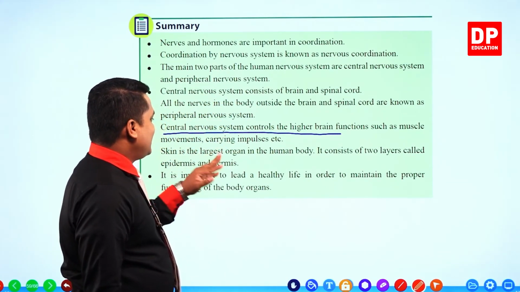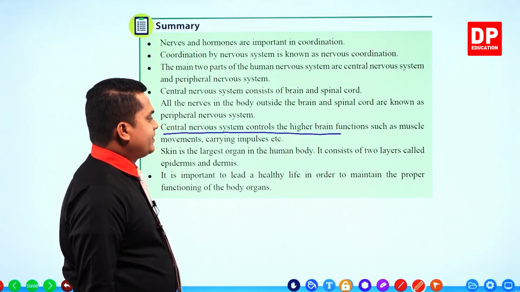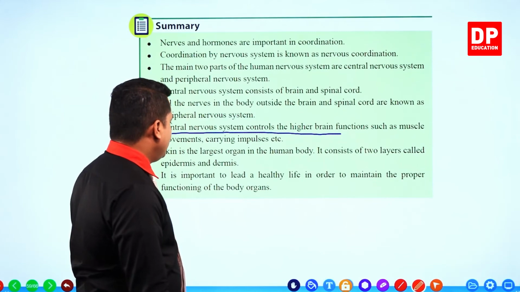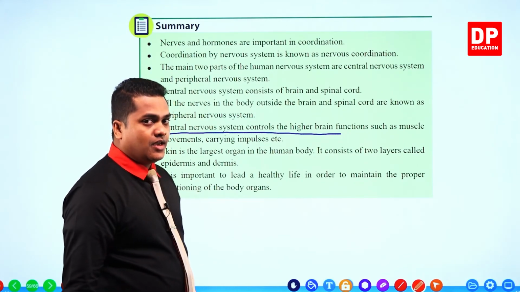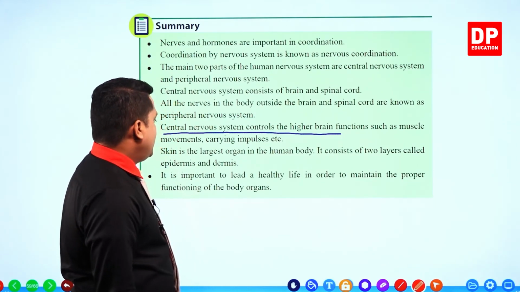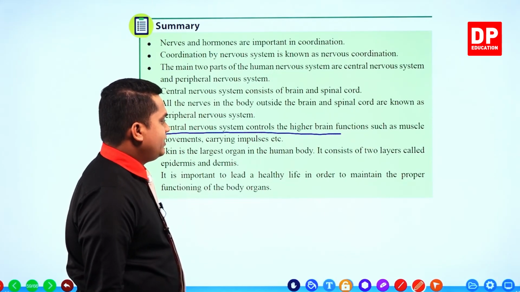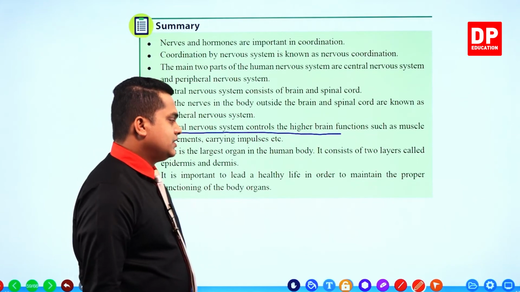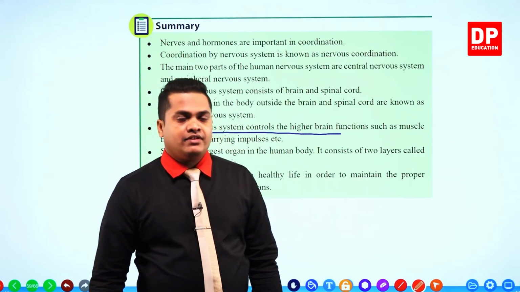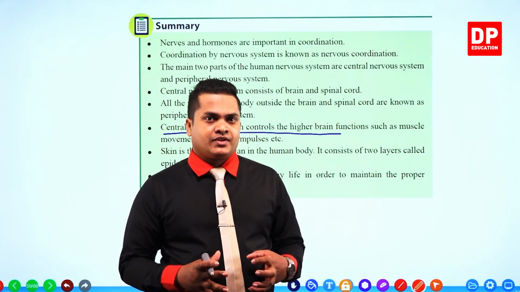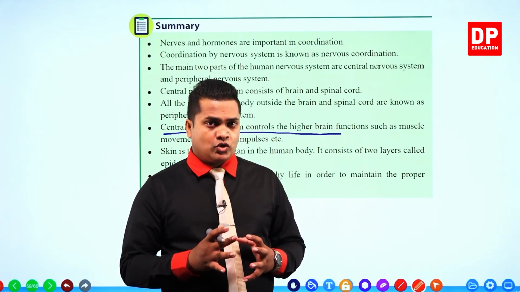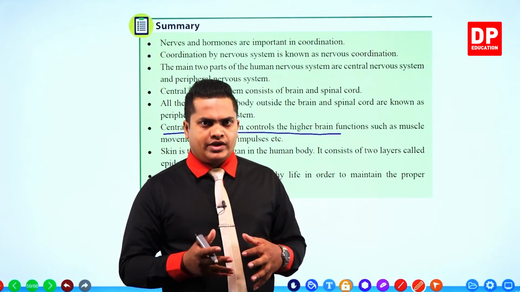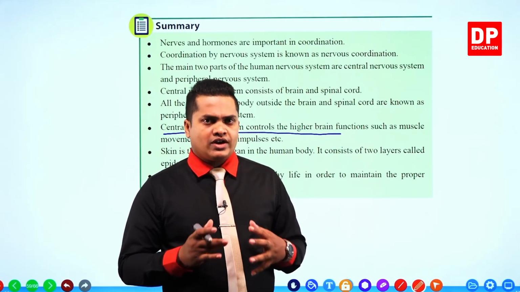Skin is the largest organ in the human body. It consists of two layers called the epidermis and the dermis. It is important to lead a healthy life in order to maintain the proper functioning of the body organs. It's really important to have a good lifestyle and a healthy organ system.